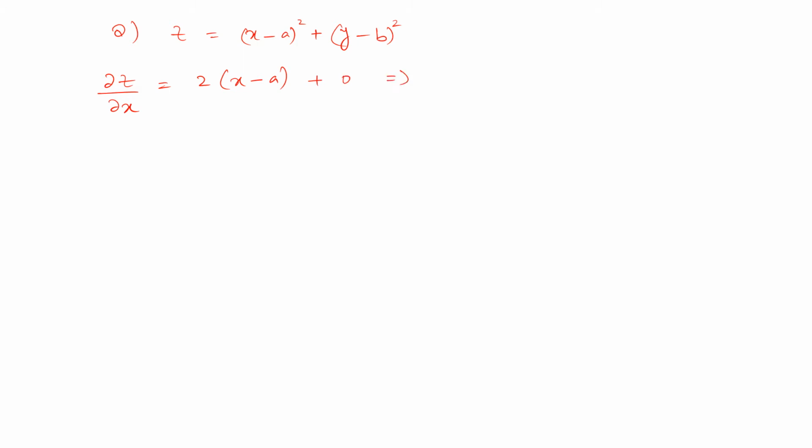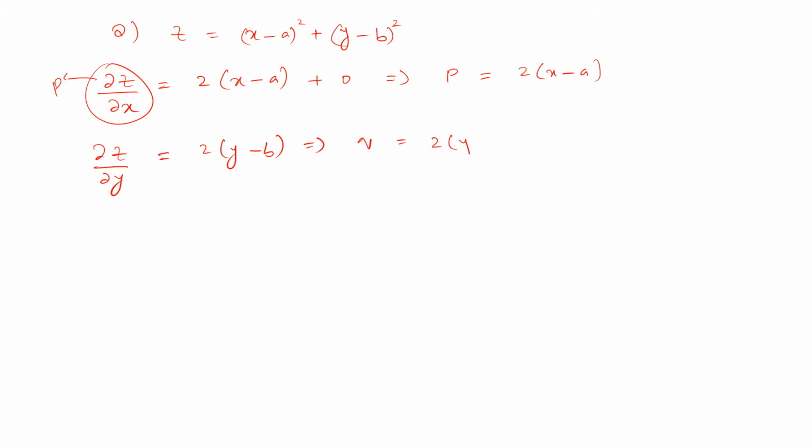So this implies that our small p is equal to 2 times (x minus a). And again ∂z/∂y is equal to 2 multiplied by (y minus b). This implies that our small q is equal to 2 multiplied by (y minus b). So this is small q.